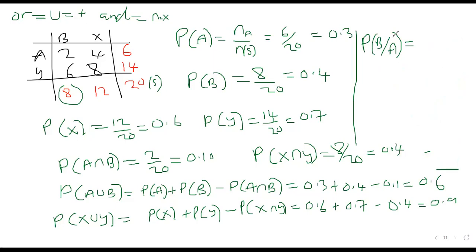We still meet at 2. But this time we're getting the total for A, which is 6. 2 over 6, correct, because the total for the bottom is 6. 0.33.